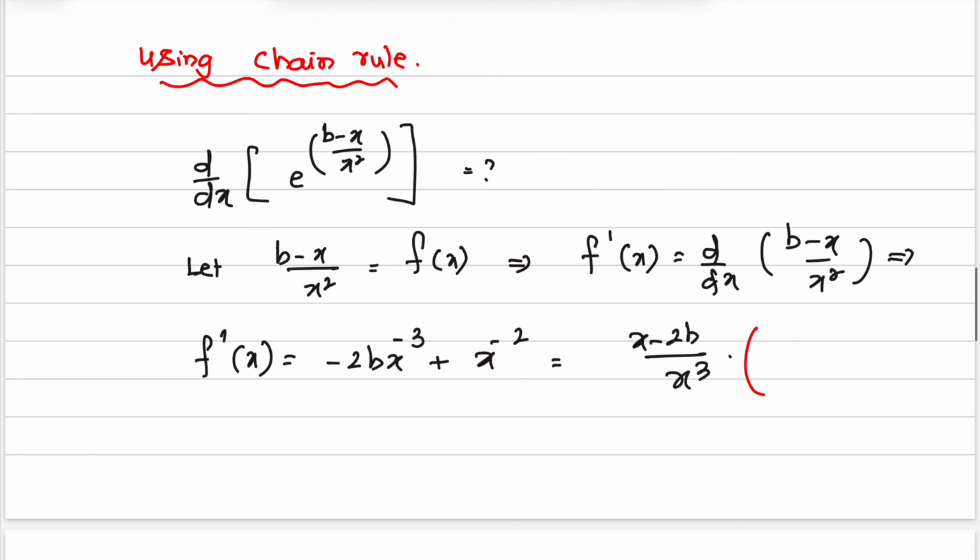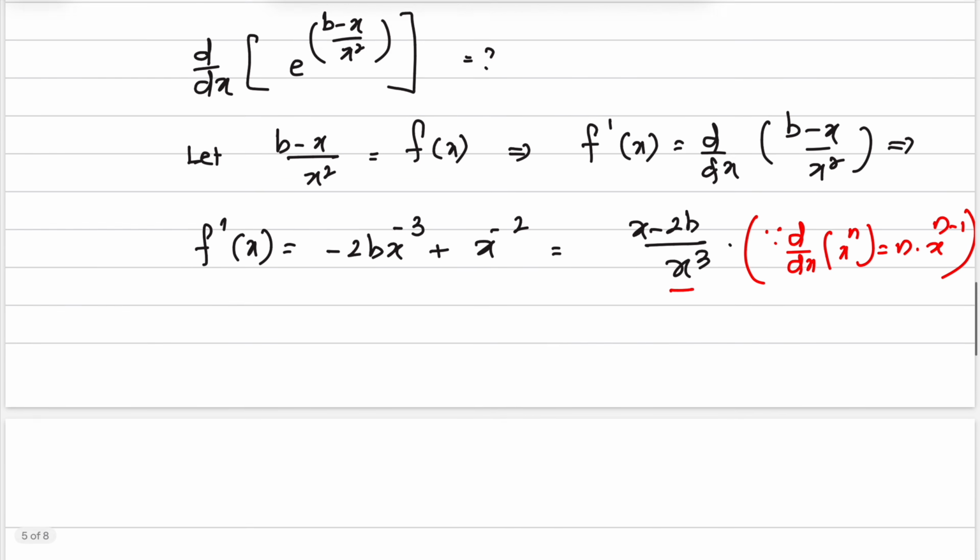Since d by dx of x to the power of n is equal to n into x to the power of n minus 1, this principle we have used and we got this value for f dash x.